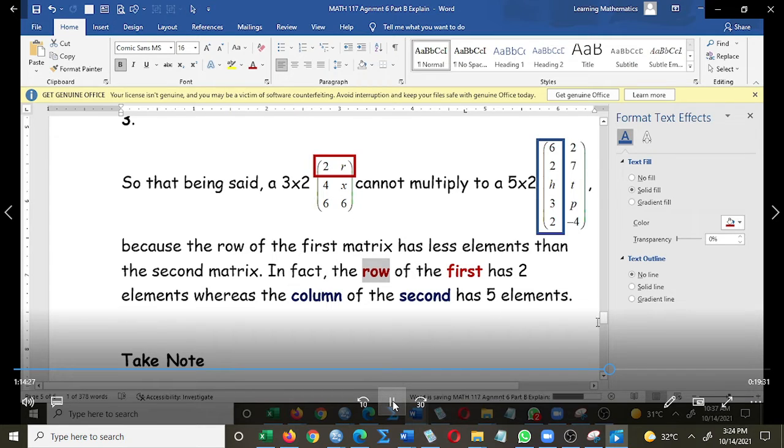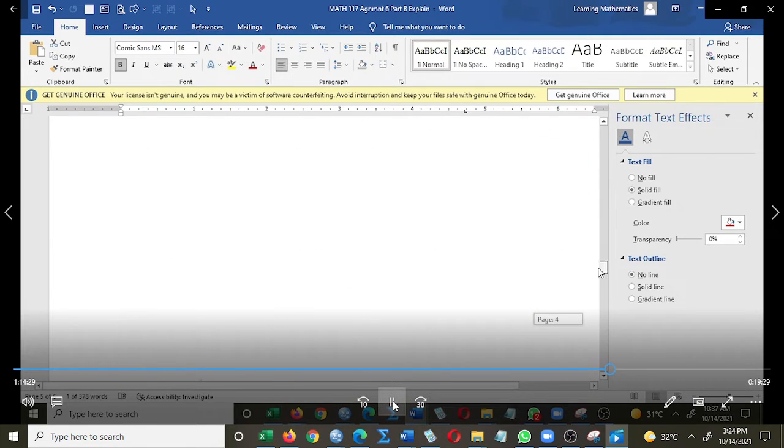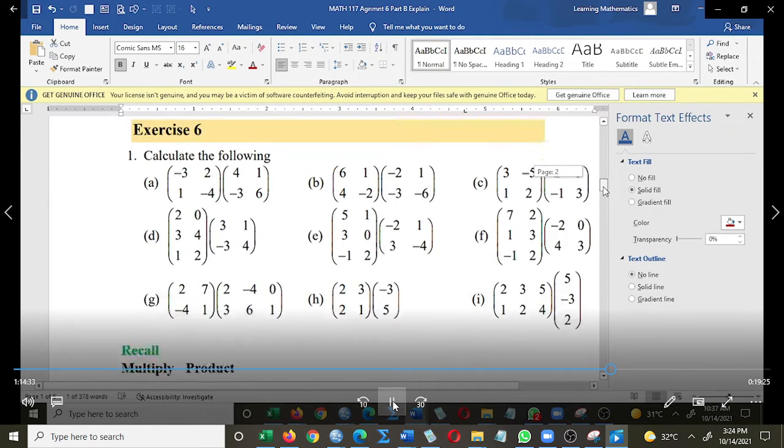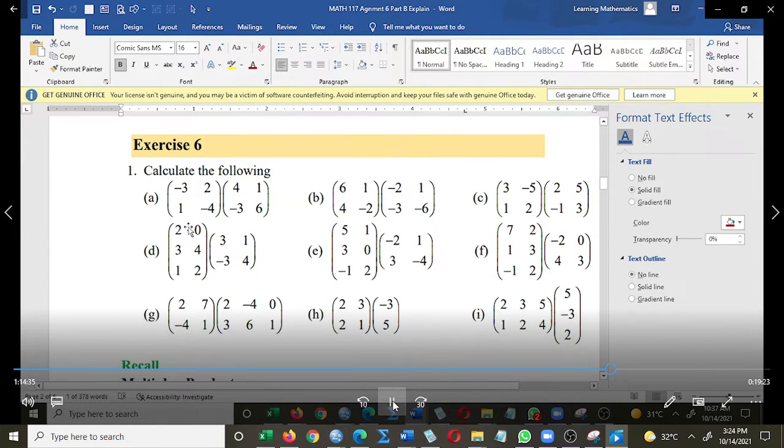Because both of them have elements that are two. Look, both columns. Why will the result be a 2 by 2 here? Both columns and both rows are two.